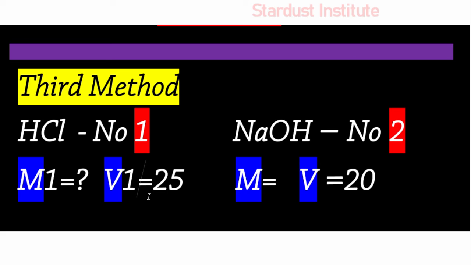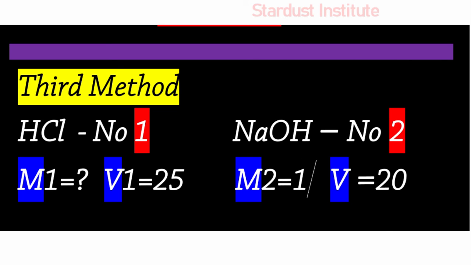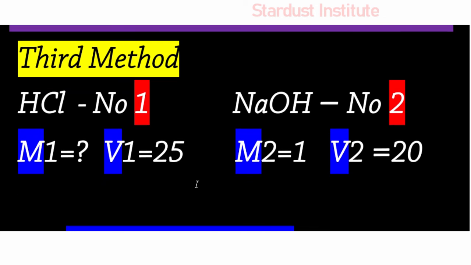We know it, 25 milliliters. And we can take the molarity of this sodium hydroxide solution as M2. M2 we know, 1. We can take the volume of this sodium hydroxide solution as V2. It is 20 milliliters.